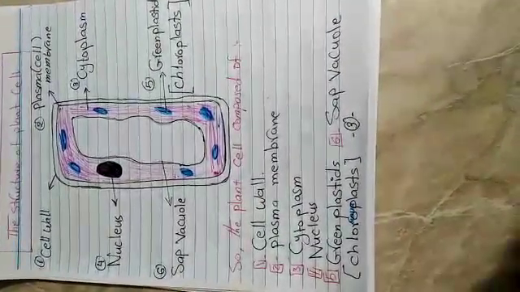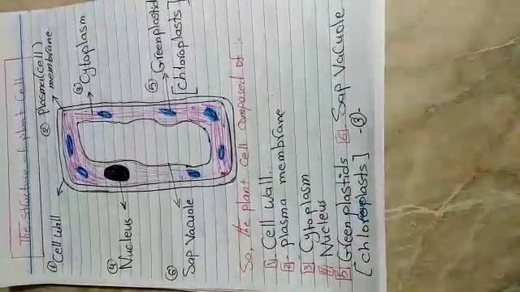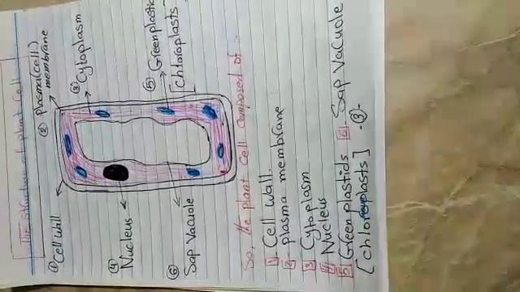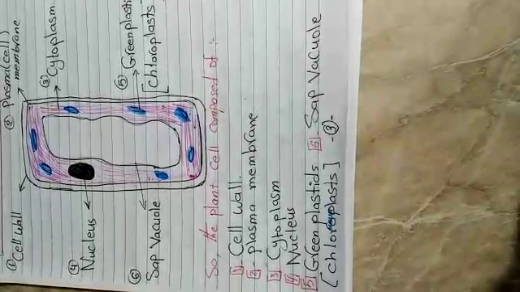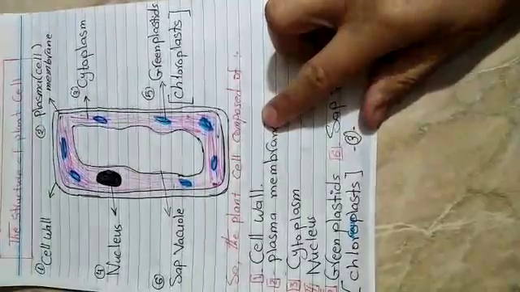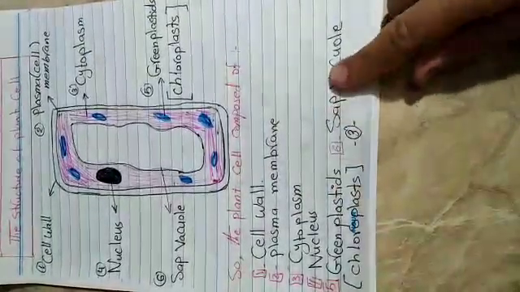From this drawing, you will see that the plant cell consists of 6 items, which are: number 1, cell wall; 2, plasma cell or plasma membrane; number 3, cytoplasm; number 4, nucleus; number 5, green plastids, which we can also call chloroplasts; and the last thing is sap vacuole.